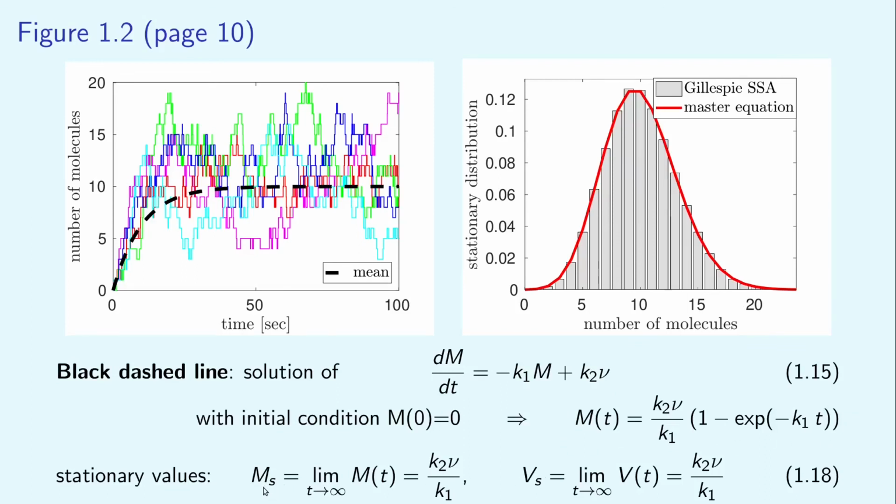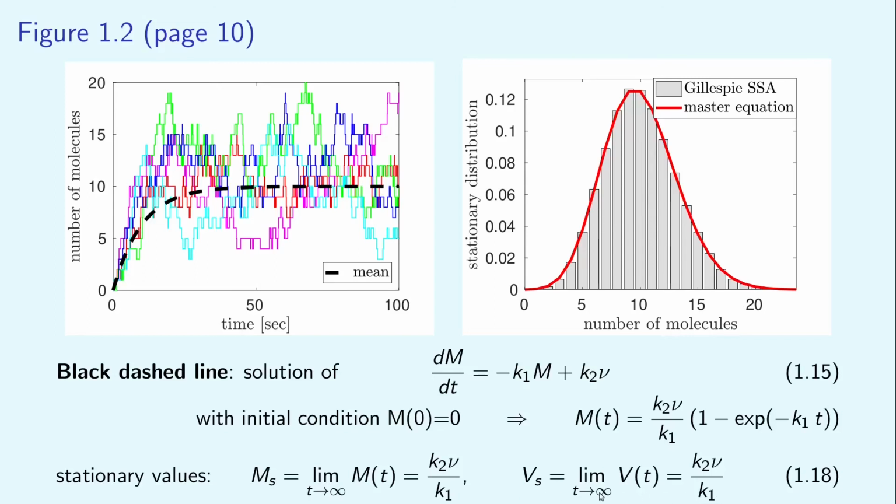We obtain that ms is the ratio of the reaction rates k2 nu divided by k1, which for our parameter values is equal to 10. The stationary variance is also equal to 10.